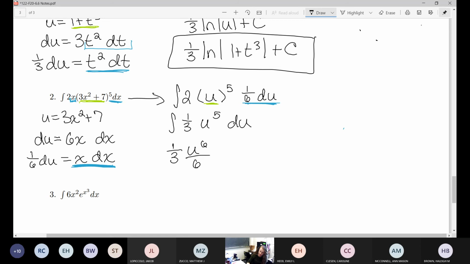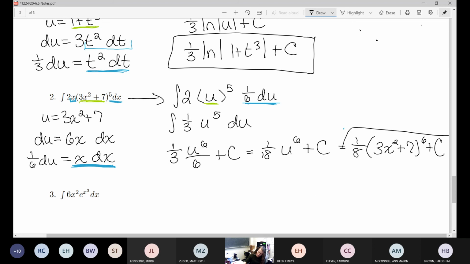U to the 6th divided by 6 plus c. So we essentially get 1/9. No, that's not it. 6 times 3 is 18. 1/18 u to the 6th plus c. And then replace u with what it was originally.